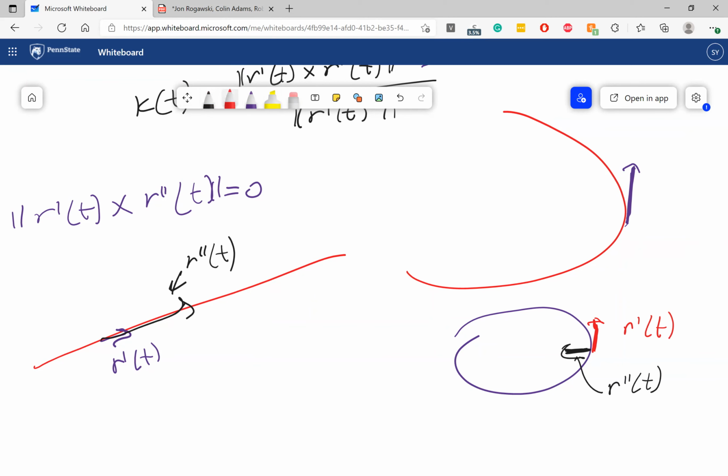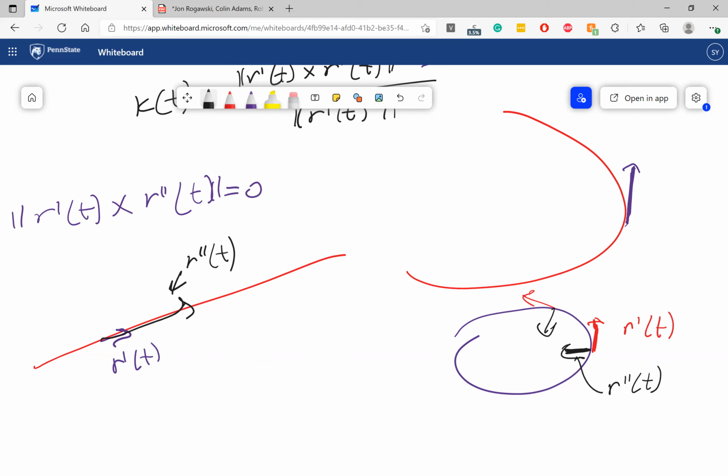Well, now your r prime and your r double prime are orthogonal to each other, which means that your cross product is the biggest it's going to get. And in fact, you have some pretty big curvature. There is a big difference between your r prime and your r double prime. And the cross product is very good at capturing that fact, that there is some big difference between where your r prime is now and where it will be later.